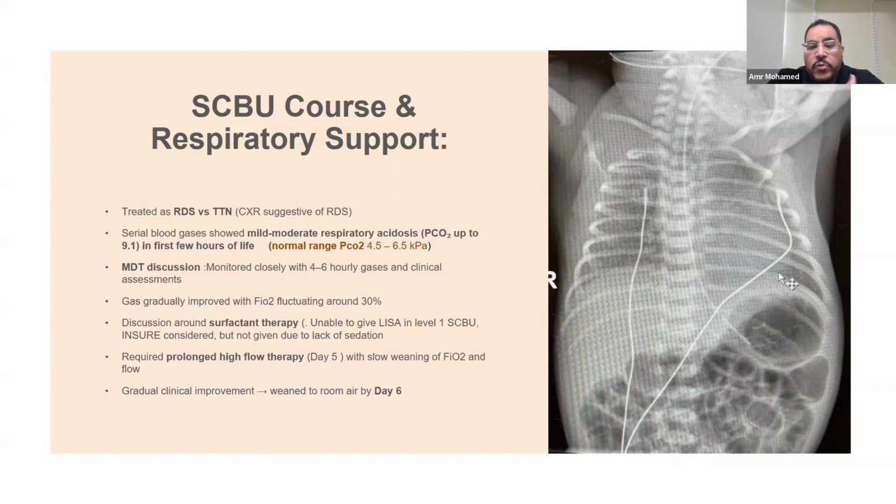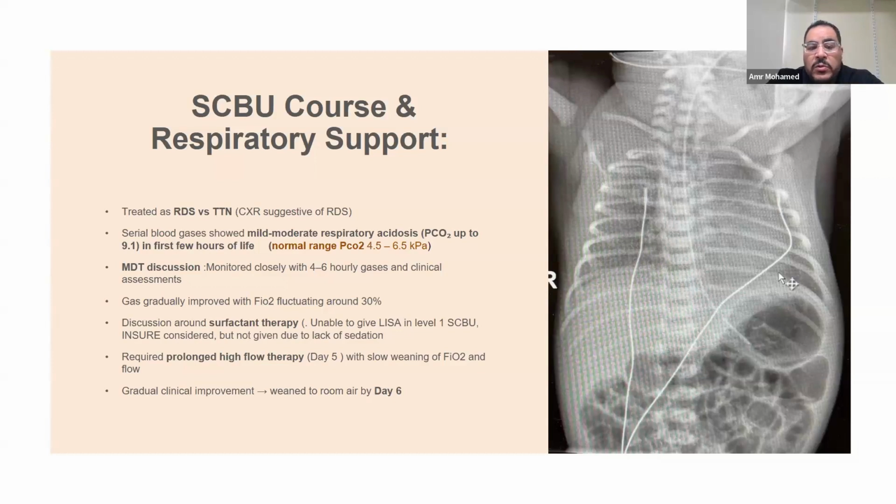Otherwise, if they deteriorate or oxygen requirement increases, we will think about transferring them to level 2 or level 3. We normally have a daily MDT discussion and update the Embrace team, which is the neonatal transport team, and discuss with the tertiary units as well.